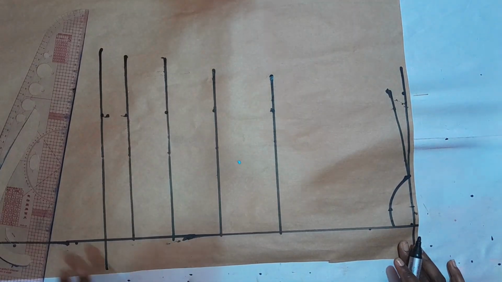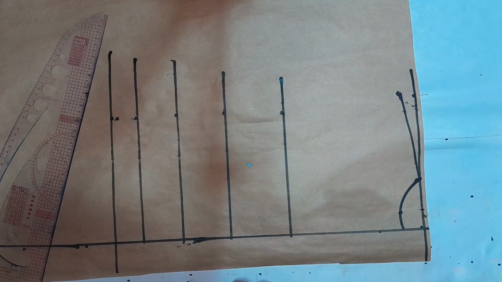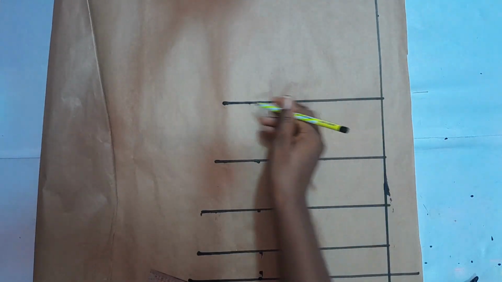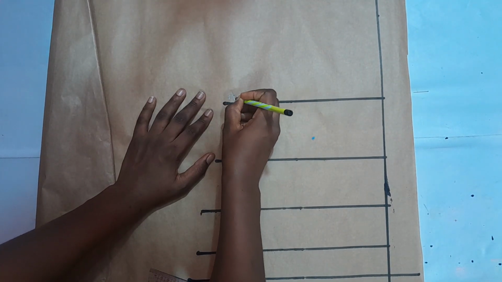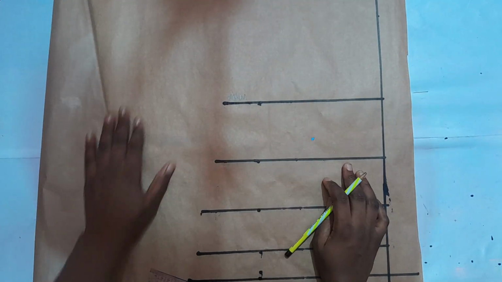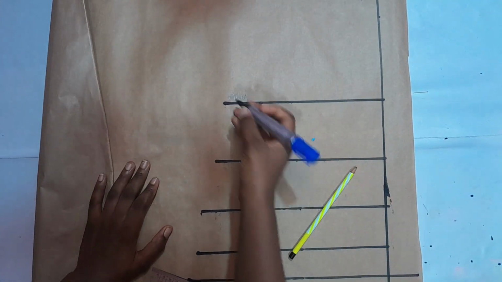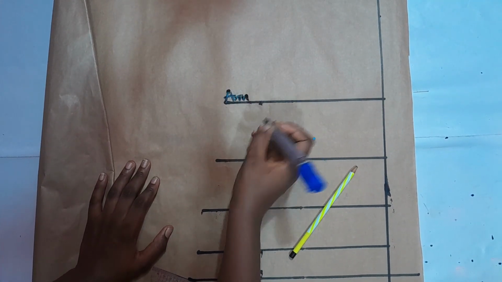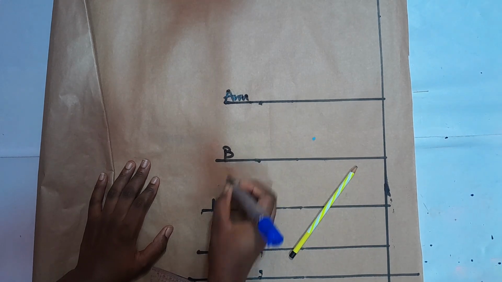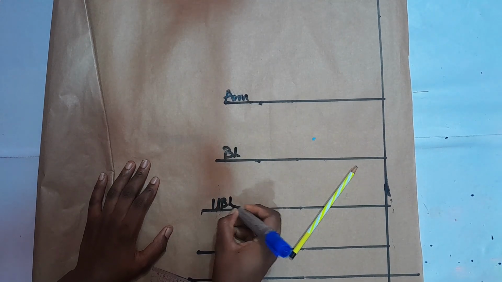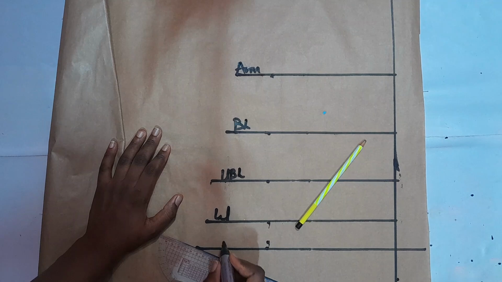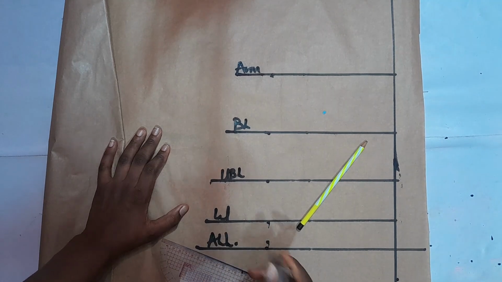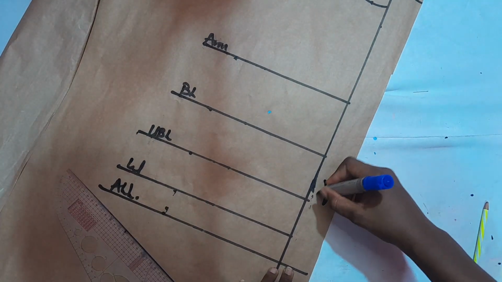Okay, so once I have this, this is my arm. This is my bust. This is my under bust. This is my waist, and this is my allowance. Okay, this is for my zip.